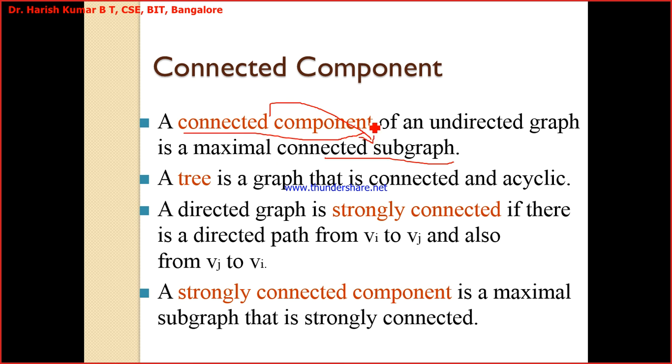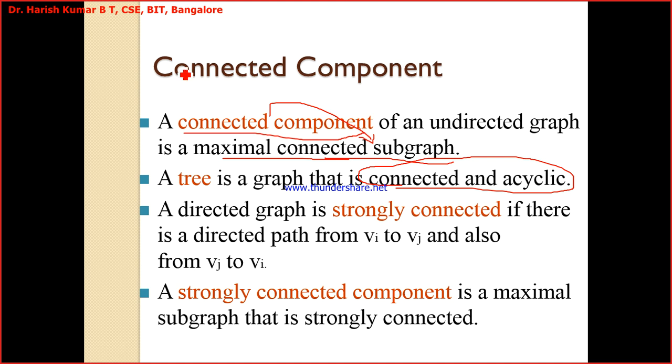We have the example, we'll understand this. Next, a tree is a graph that is connected and acyclic. All the trees we understood in the previous module were connected and acyclic.